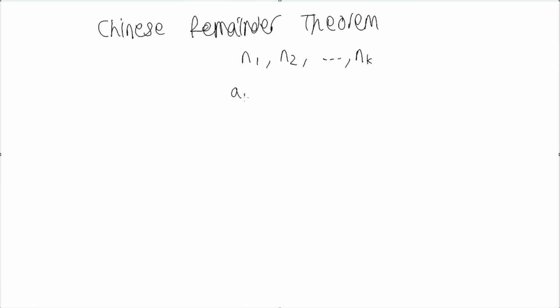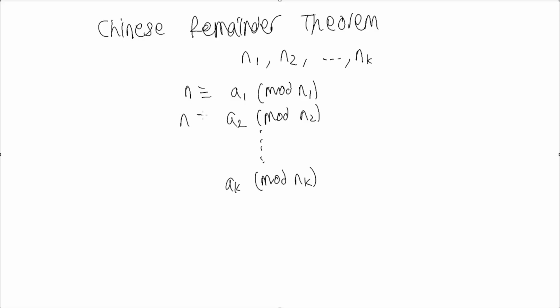Then suppose we have the system of congruences a1 mod n1 and a2 mod n2, and so on and so forth, all the way to ak mod nk. Then if we want to find a number n which satisfies all of these, the Chinese remainder theorem tells us that such a number exists.